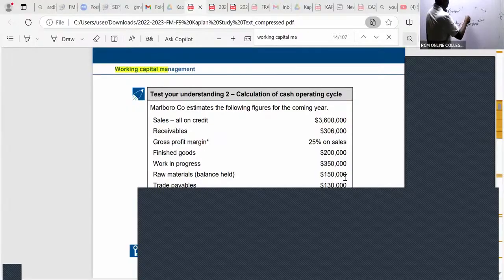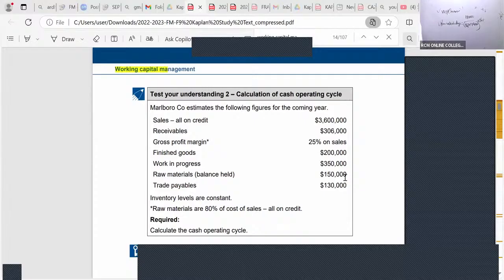So 150,000 divided by this times 365. What are we getting there, ladies and gentlemen?